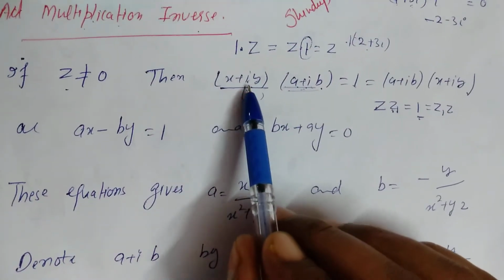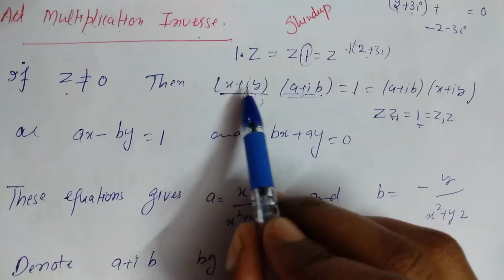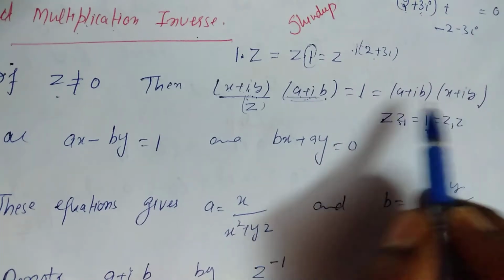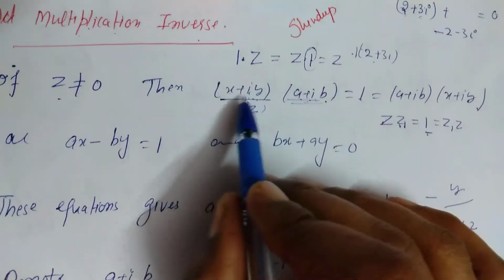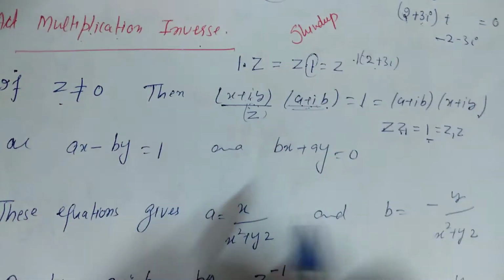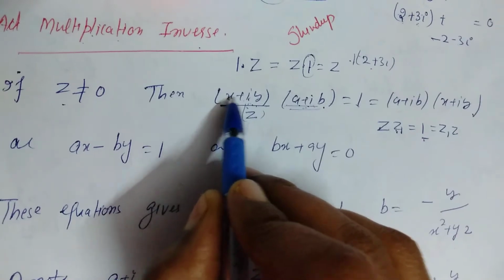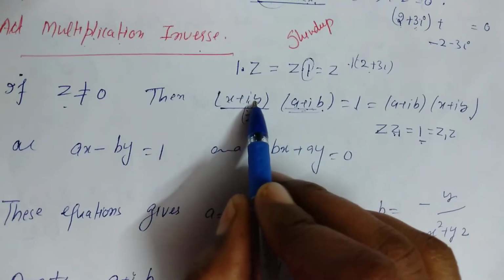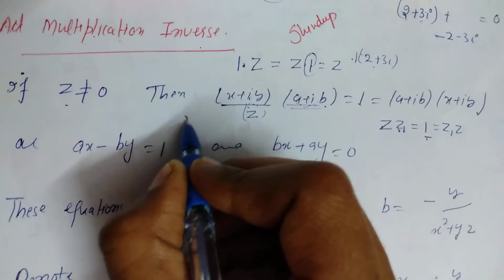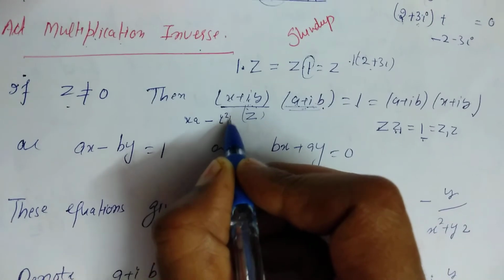So how can we find the inverse of these numbers? For finding the inverse, we have x plus iota y times a plus iota b is equal to 1. This is the definition, and we want to find the values of a and b. So we multiply the factors. And what is the rule of multiplication? Remember that it is x1 x2 minus y1 y2, and so on.